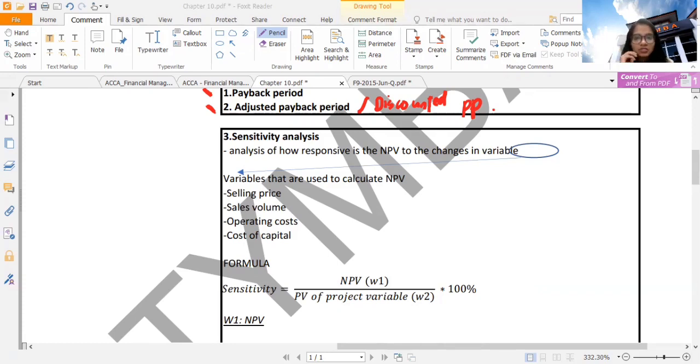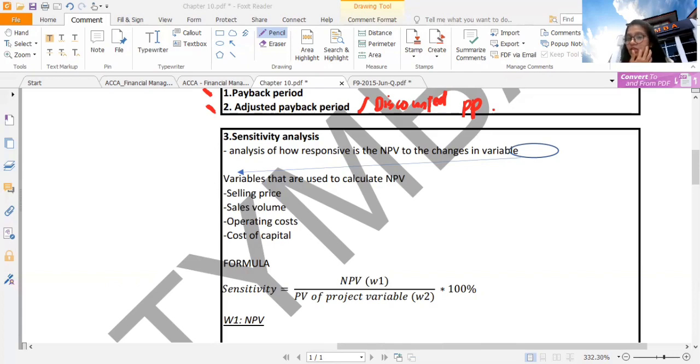So guys, I just want you to remember, whenever you talk about sensitivity analysis, it's about identifying the variable that will affect the project in such a way that project NPV will become zero or negative.